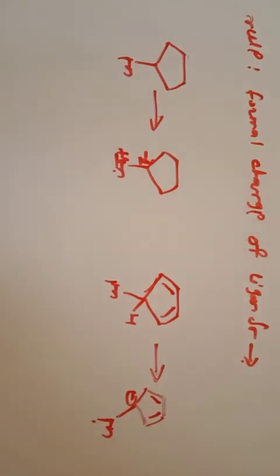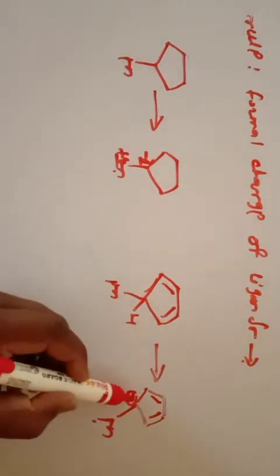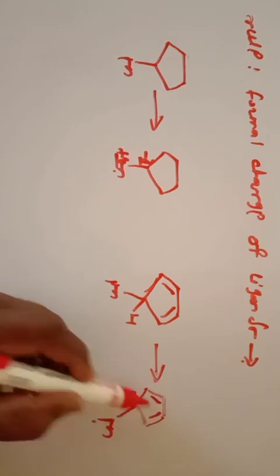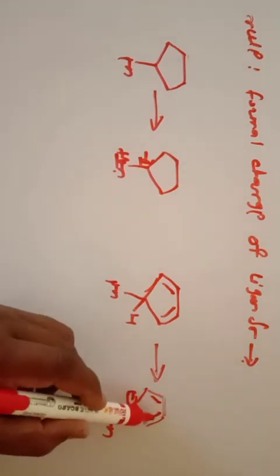Because if you are considering this species, there are already two double bonds, and if you consider a negative charge on the carbon, then there are a total of 6 electrons. Total 6 electrons means 3 electron pairs, and it is an odd number of double bonds, because this negative charge is involved in resonance, and therefore it is 1, 2 and 3.